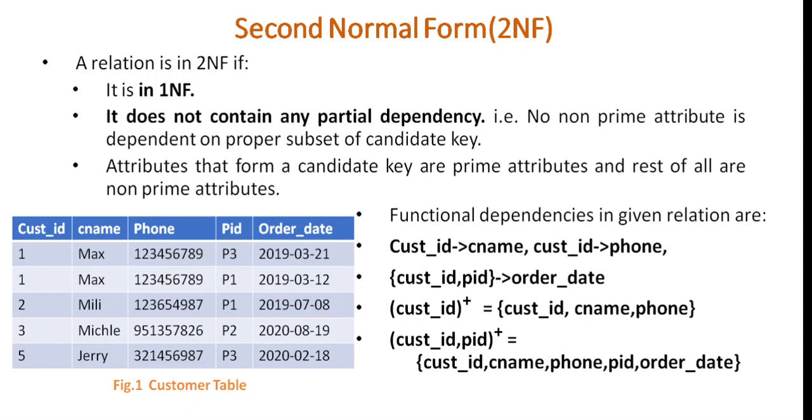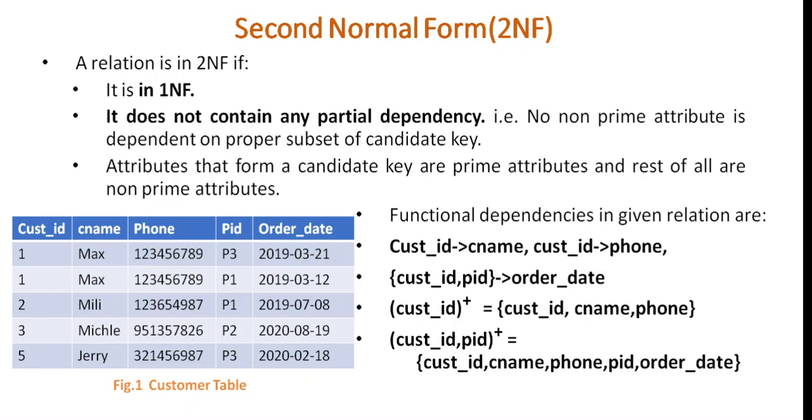The closure set of customer ID and product ID consists of customer ID, the first attribute. Then this customer ID attribute determines customer name, that's why we have written customer name also. Customer ID determines phone number also, that's why we have written phone number. Now your key consists of product ID too.